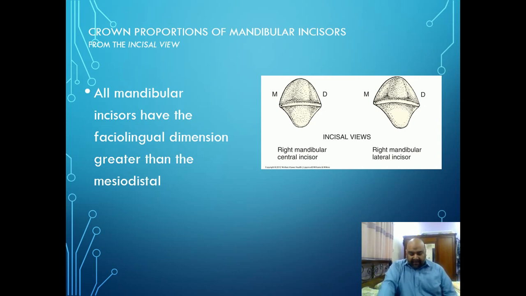Okay, now this is what I've been talking about: the facial-lingual dimensions of the mandibular teeth are quite a bit greater as compared to the mesiodistal dimensions. This is in sharp contrast to the maxillary central and the maxillary lateral incisors, whose mesiodistal dimensions are quite wider as compared to the facial-lingual dimensions.